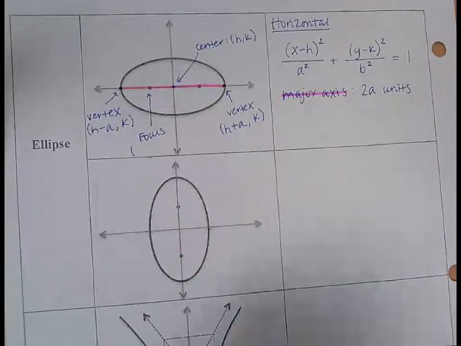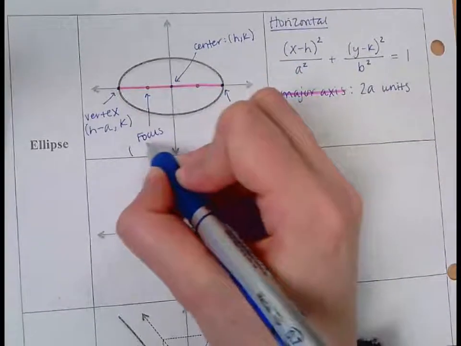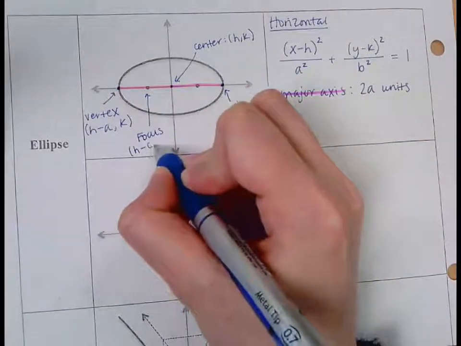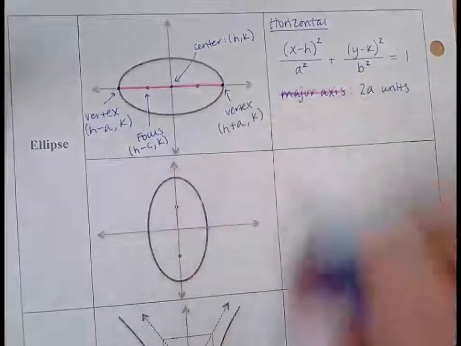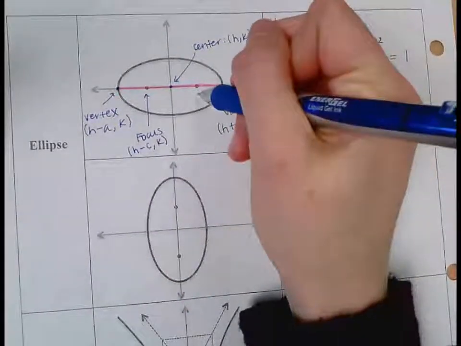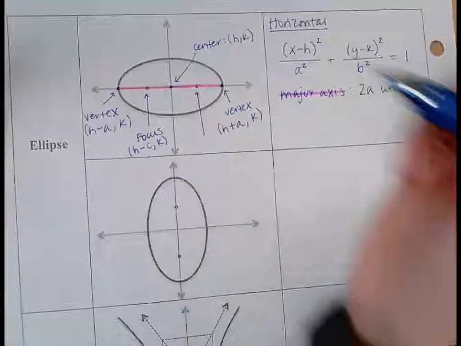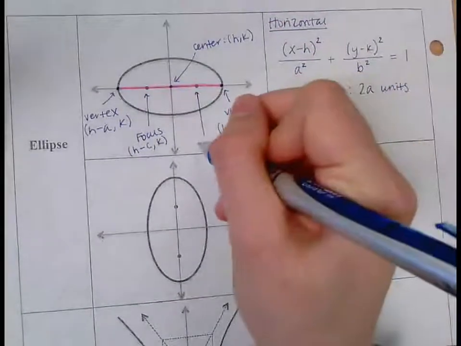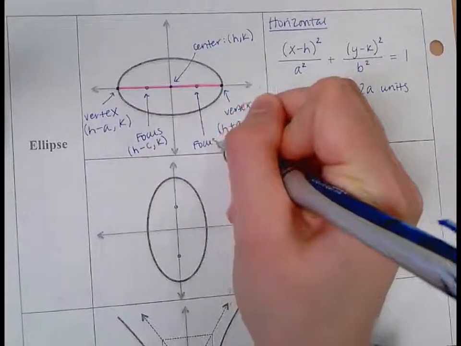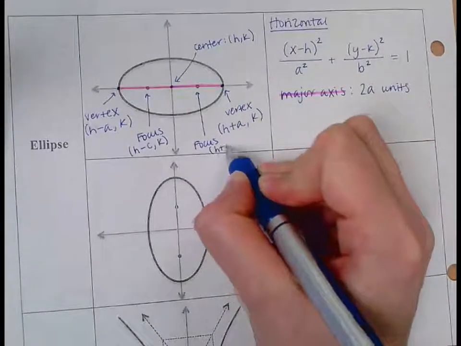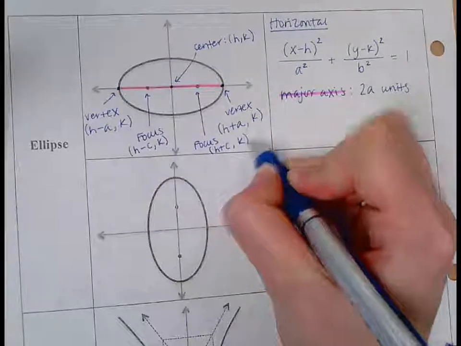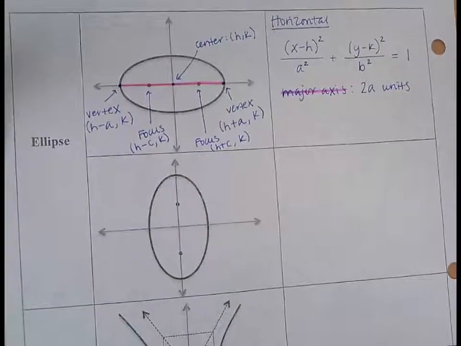The x-coordinate is h minus c. The y-coordinate is k. And then the rightmost focus has x-coordinate h plus c and y-coordinate k.